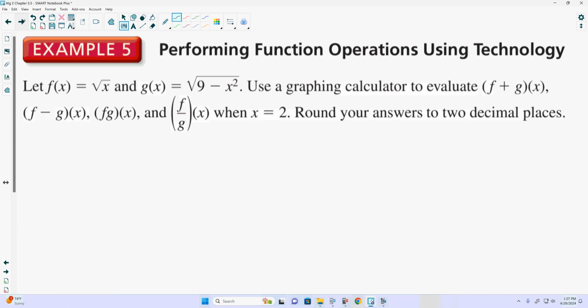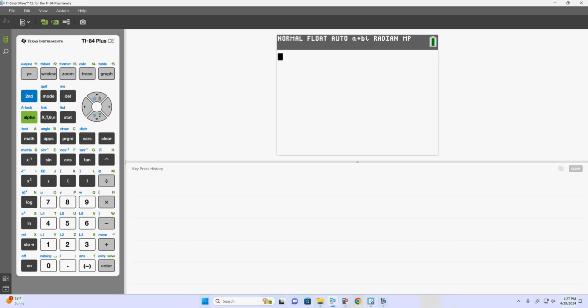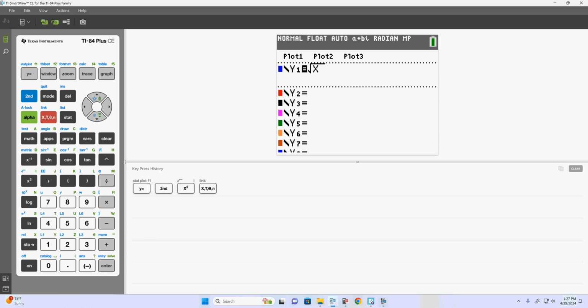Questions on any of this here? Now, I'm going to show you this here. This is kind of neat: we can evaluate our f plus g of x, f minus g of x, f times g of x, and f divided by g of x when x is equal to 2 in the graphing calculator. To do that, first we hit y equals, and we'll type f of x in first, square root of x.